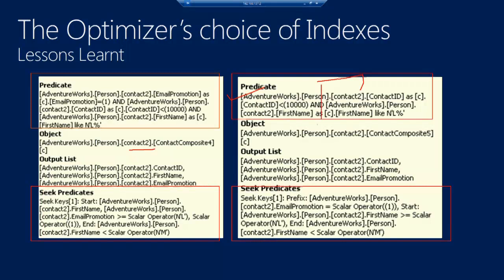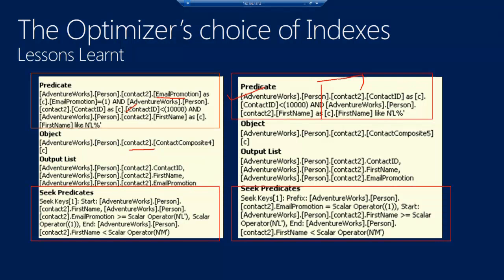And you can see here in composite 5, which we use, there is no email promotion in this residual predicate because it goes into the seek predicate at the bottom there. But in composite 4, you can see that email promotion actually goes somewhere here into the residual predicate.